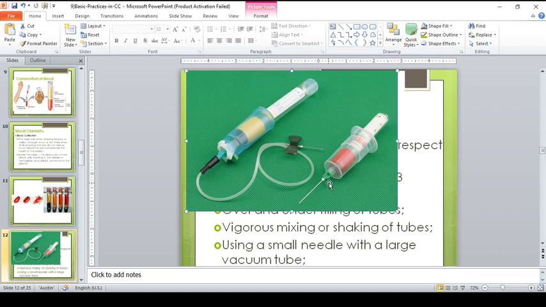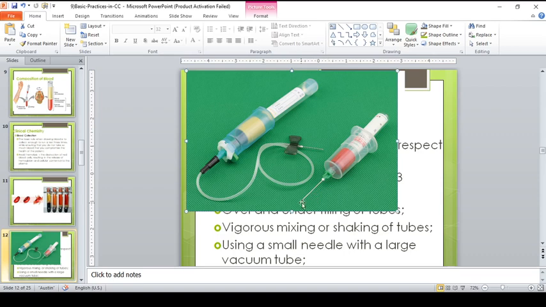The relationship between the gauge of a needle and the size of its diameter is inversely proportional. The gauge refers to the diameter of the hole of the needle. If the gauge number is higher, the hole is smaller, but if the gauge is lower, the hole is larger. It is an inverse relationship between the diameter of the hole and the gauge number.